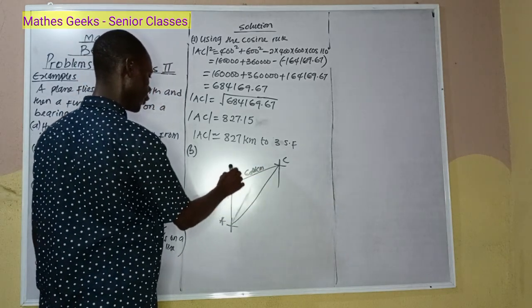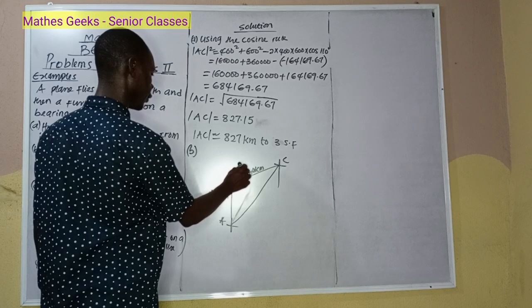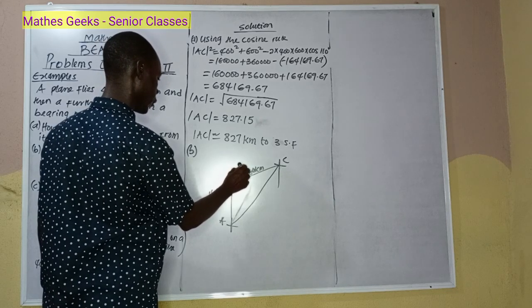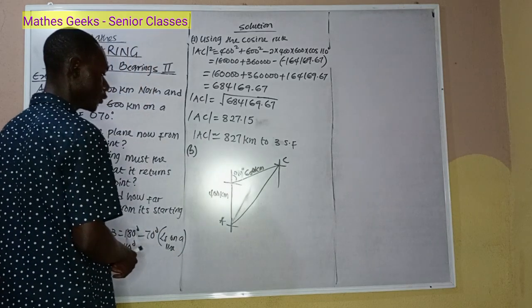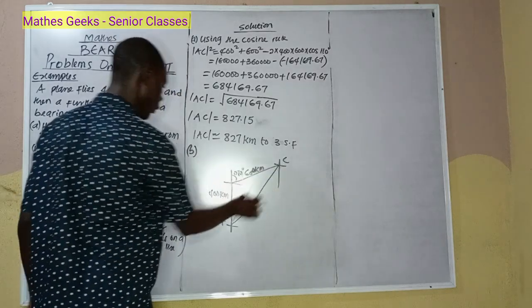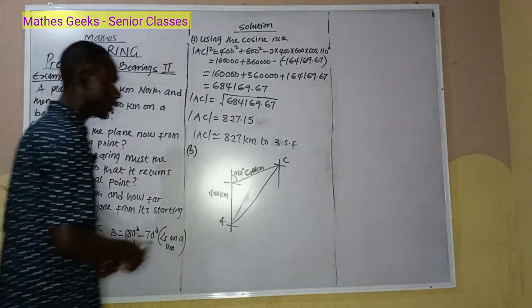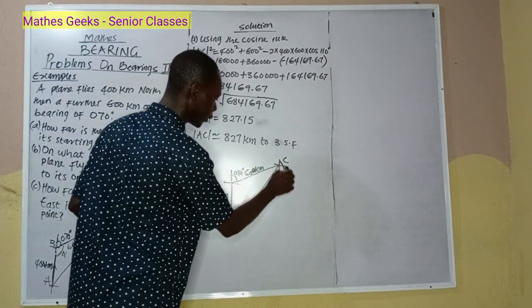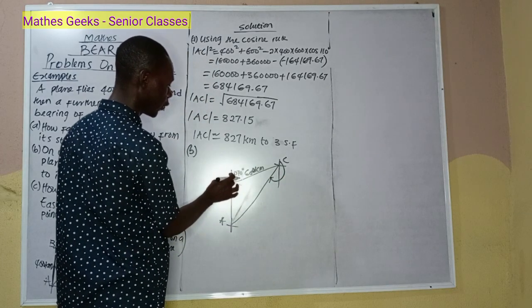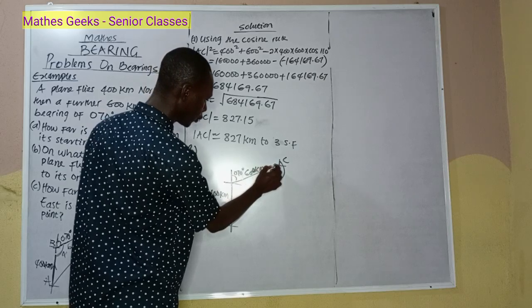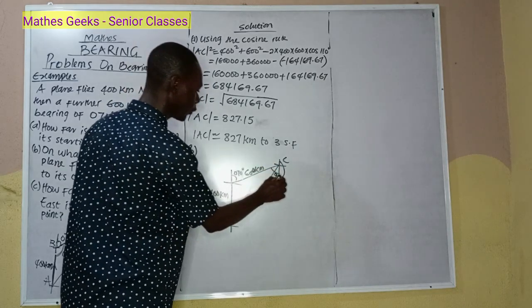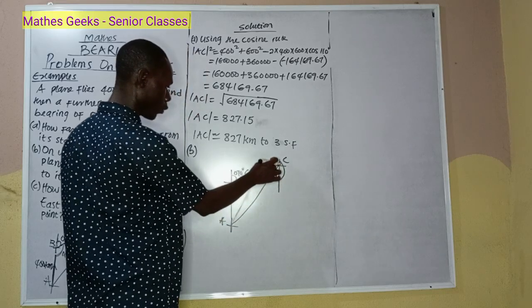And then from here 070 degrees. Since we are going to get the bearing of A from C, what we're interested in is this. 070 degrees is alternate to this, so let's call here E. We don't really need all of this part.